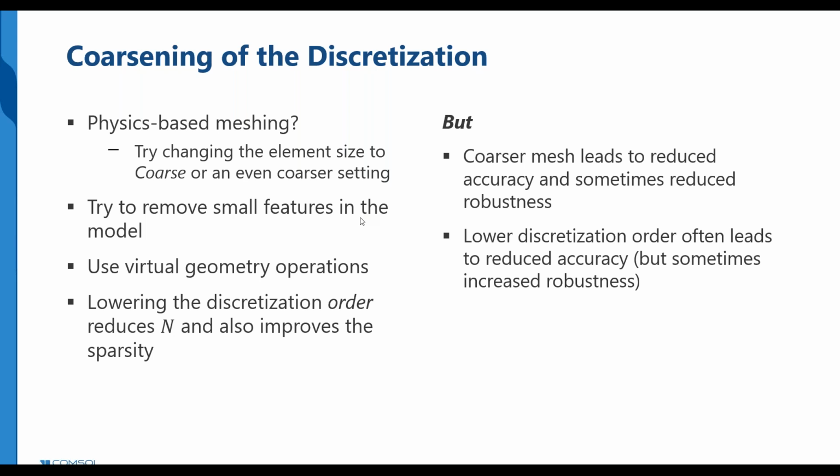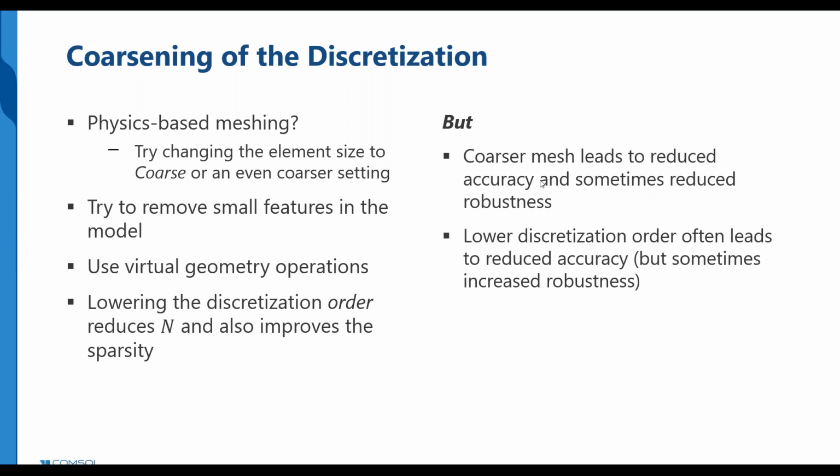Coarsening of the discretization. You can use physics-based meshing by applying a more coarse mesh to your problem. That will have an important impact on memory requirements. And as I said, geometry defeaturing. You might want to go down in order. If you are using higher order than the lowest, then lowering the order will reduce the size of the problem and also improve the sparsity of the matrix. And coarsening the mesh typically leads, of course, to reduced accuracy, but it can also lead to reduced robustness.